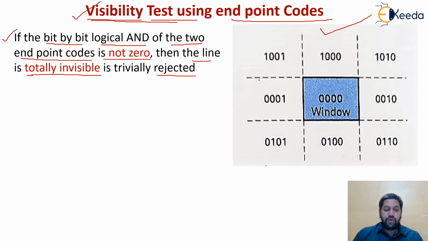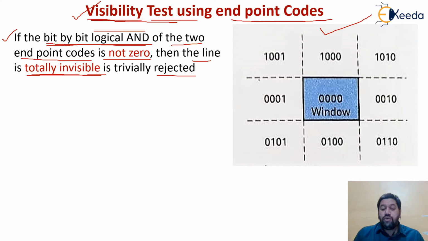To find out whether the line is totally invisible, meaning it is rejected or clipped, we take the bit by bit logical AND of the two endpoint codes, and we want the result to be not zero. If the code is not 000, meaning at least one bit is 1, then the line is totally invisible. Let us check whether what I am saying is correct.